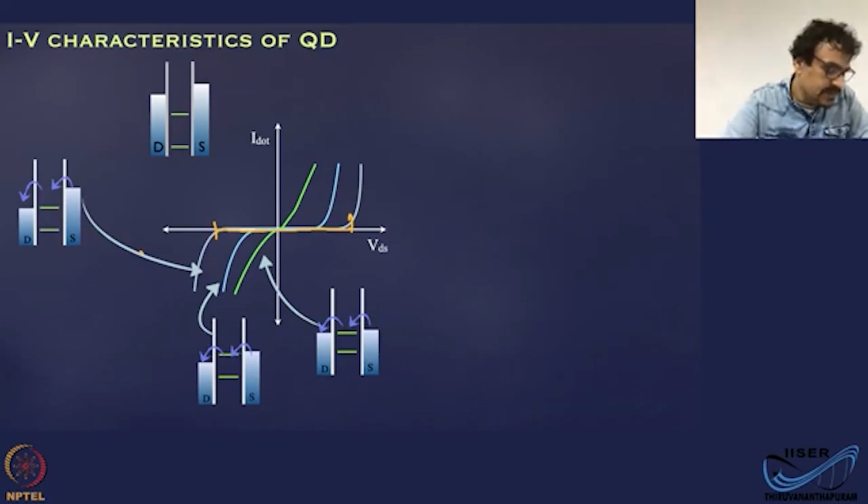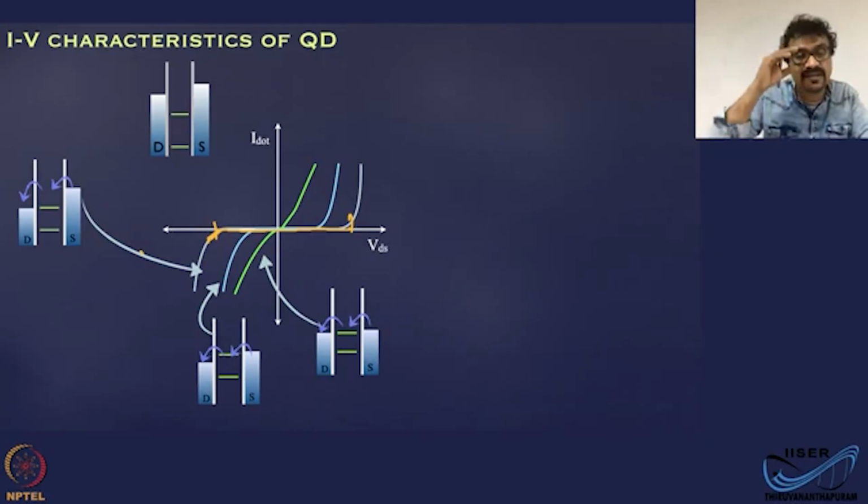Now, as we discussed, the current will get turned on when the bias can accommodate one of the levels within its window. But you can also get that level within the bias window at a lower bias by varying the gate.